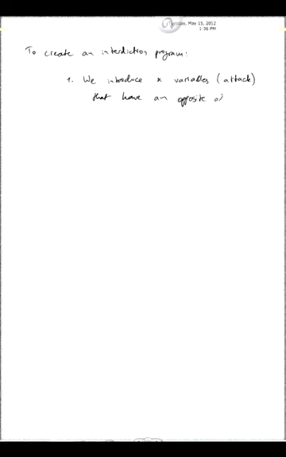So to create an interdiction program, we did this. First, we introduced x variables. These are going to be our attack variables that have an opposite objective to the operator variables.